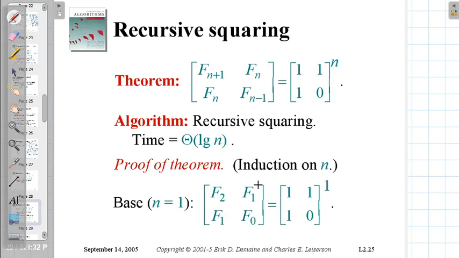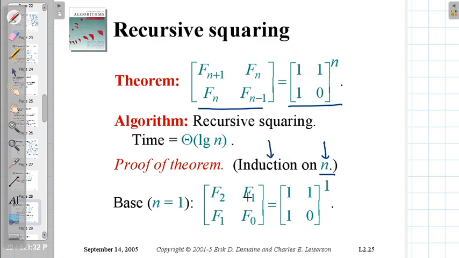Okay, so here is the proof of the theorem by induction on n. We are claiming that this is the theorem, but where is the proof? So we are using induction on n.